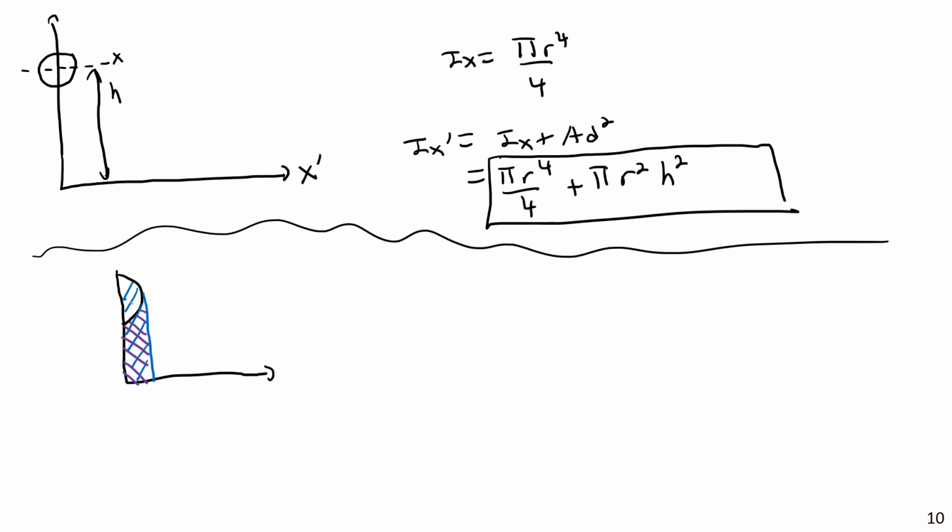That would give me the moment of inertia of half the circle, and then I would double it to get the other half. Again, assuming you are doing this in rectangular coordinates. There are ways, of course, to do this with polar coordinates, but those have their own challenges at times.